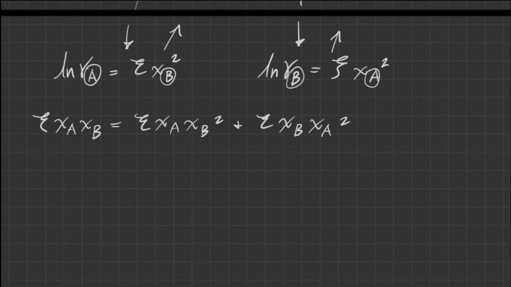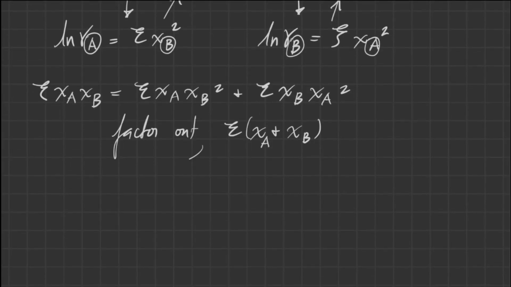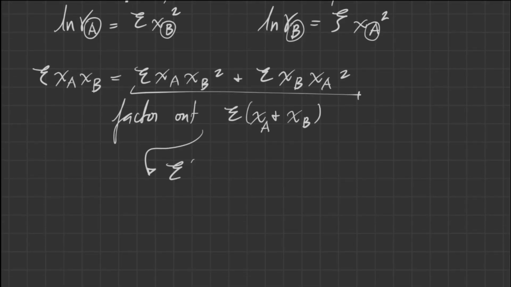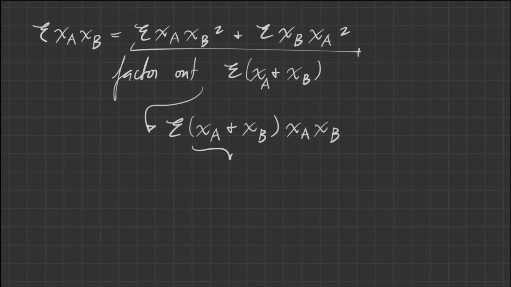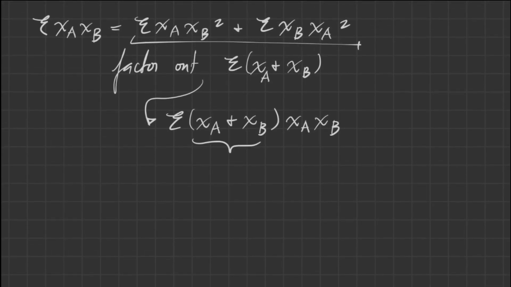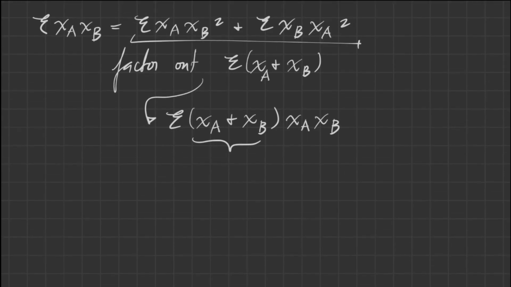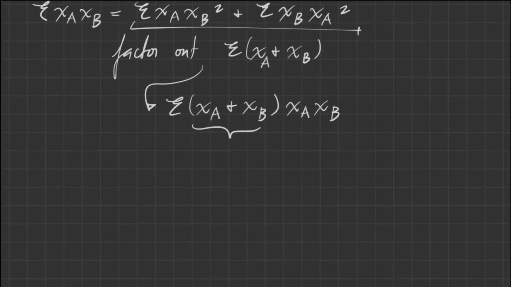Okay, so now we want to factor out this lowercase xi, and we get the mole fraction of A times the mole fraction of B, plus the mole fraction of A plus the mole fraction of B. What you want to recognize is that the mole fraction of A plus the mole fraction of B is equal to 1.